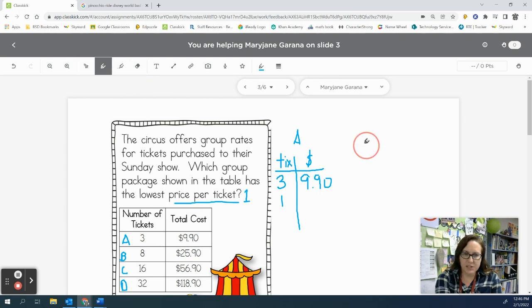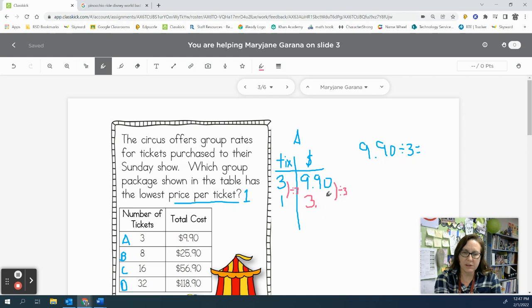Right, so we are going to take $9.90 and divide it by the 3 tickets you're getting for it to find out your per ticket price. Whatever we do to one side, we have to do to the other. And since we went from 3 to 1, and that's divided by 3, 3 divided by 3 equals 1. Then we have to do the same thing to this side.